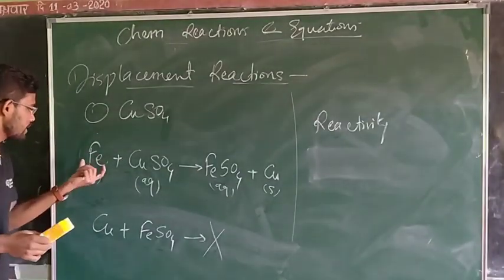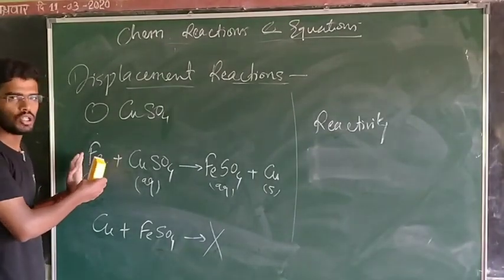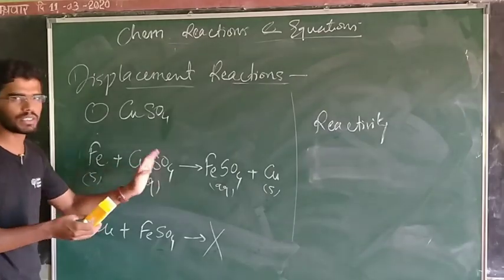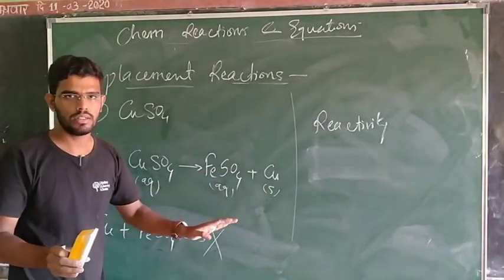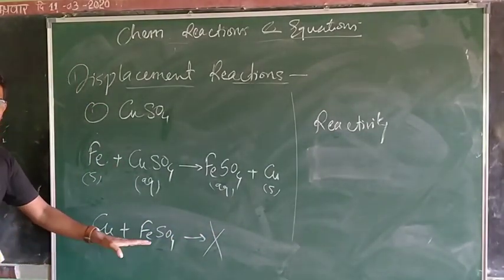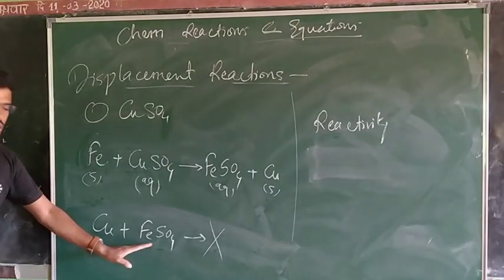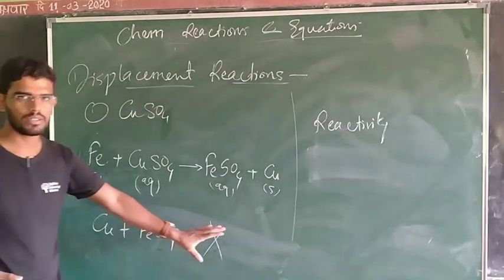Okay, this first species, that is Fe, should be reactive enough to displace this copper from the copper sulfate. Okay, then only that displacement reaction is possible. Simultaneously, if you take this example, copper is not as reactive as iron, so it cannot displace Fe to give the product.